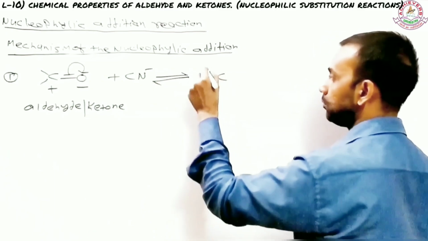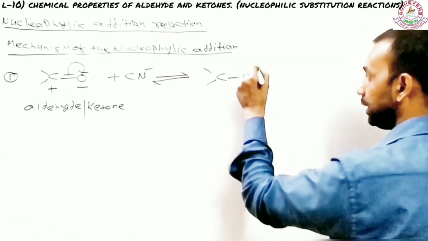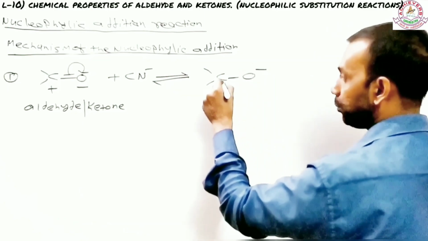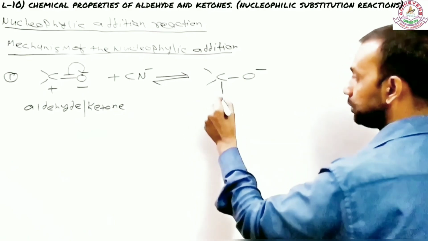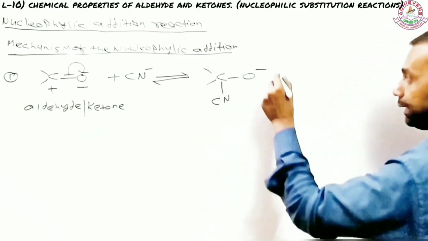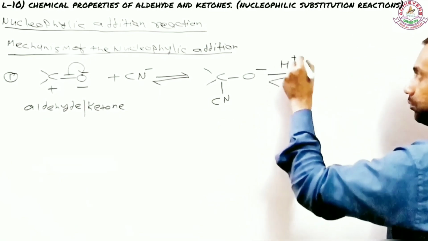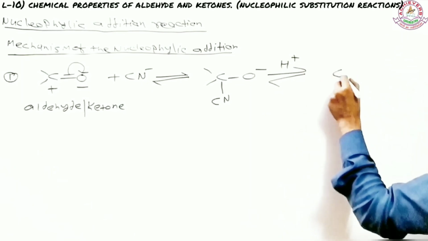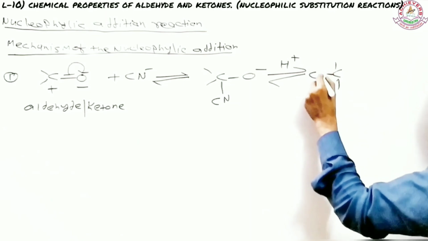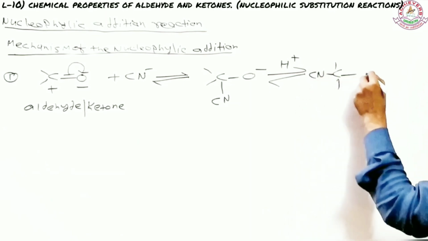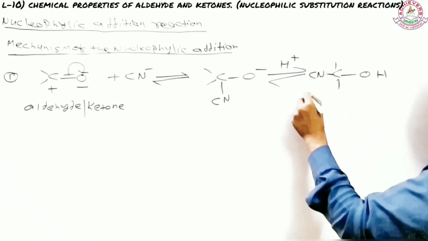This will form O with a negative charge, and the carbon which has a positive charge will come out with the negative. In the next step, like I said, it captures a proton, and then this carbon comes out with hydrogen, and your cyanide is here. So this is called cyanohydrin.